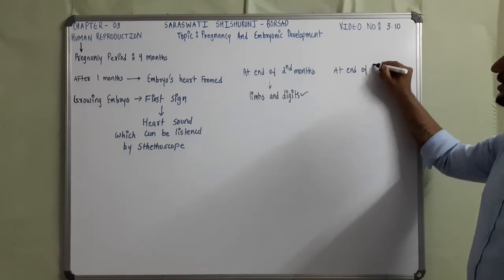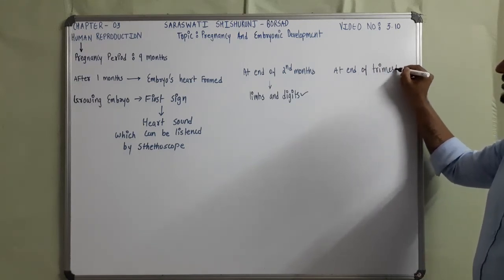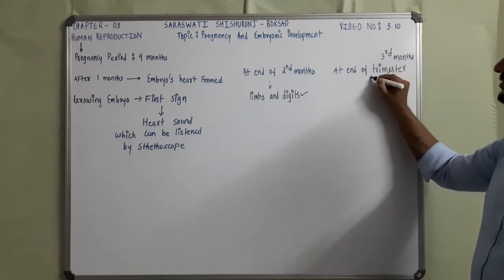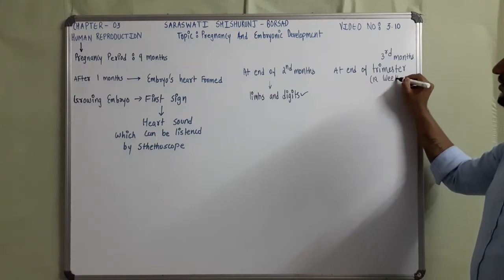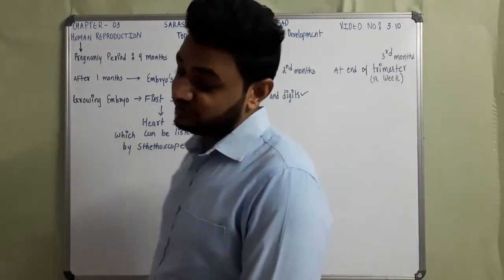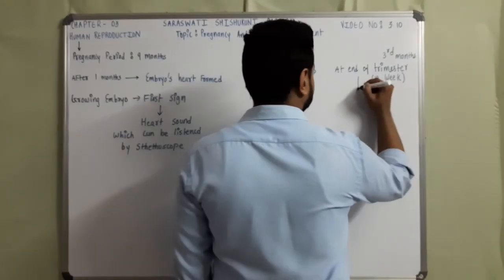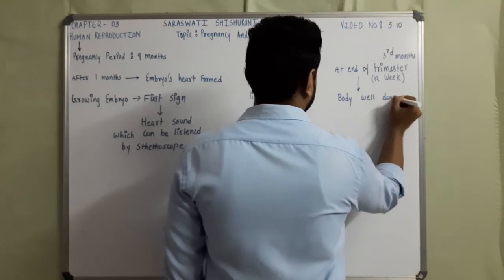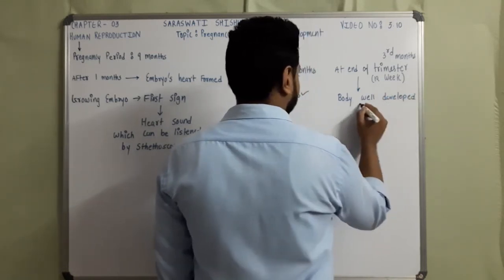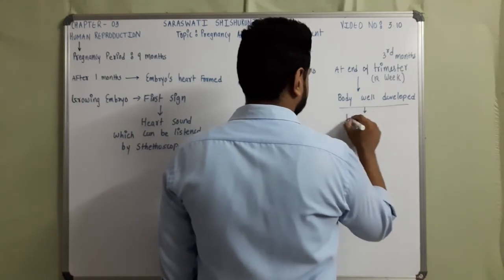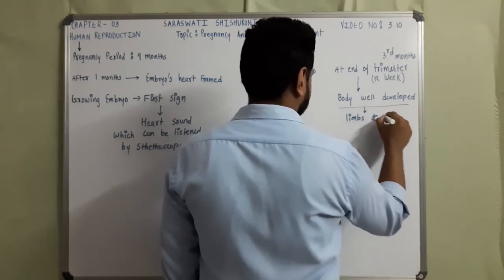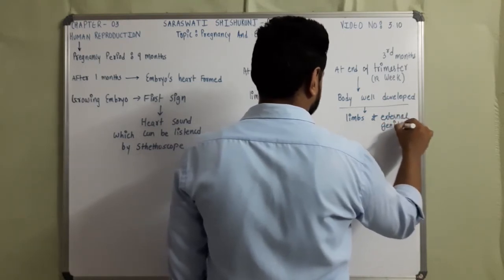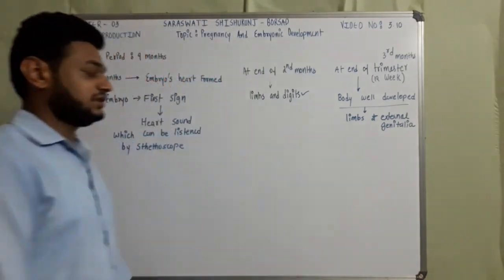At the end of the third month, the body is well developed and major organs are formed, limbs and external genitalia appear clear. So this is the case of the third month.